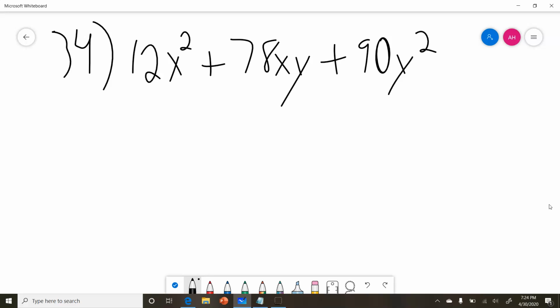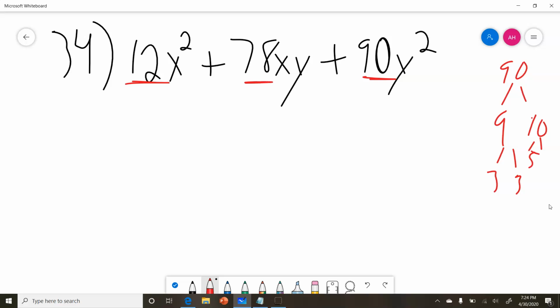Okay, now what we need to do is say what is the greatest common factor between 12, 78, and 90. Well, if you went through and took your time here, 90 is 9 times 10, right, which is 3 and 3, and 10 over here is 5 and 2.